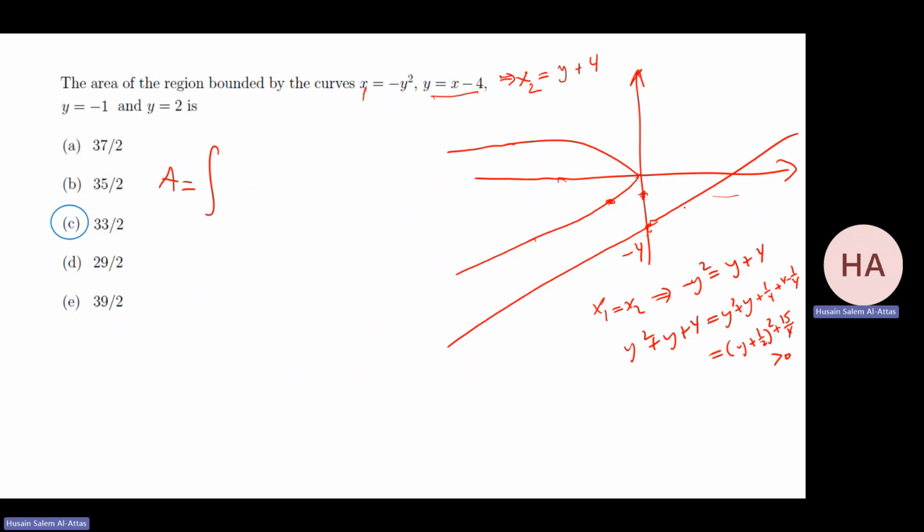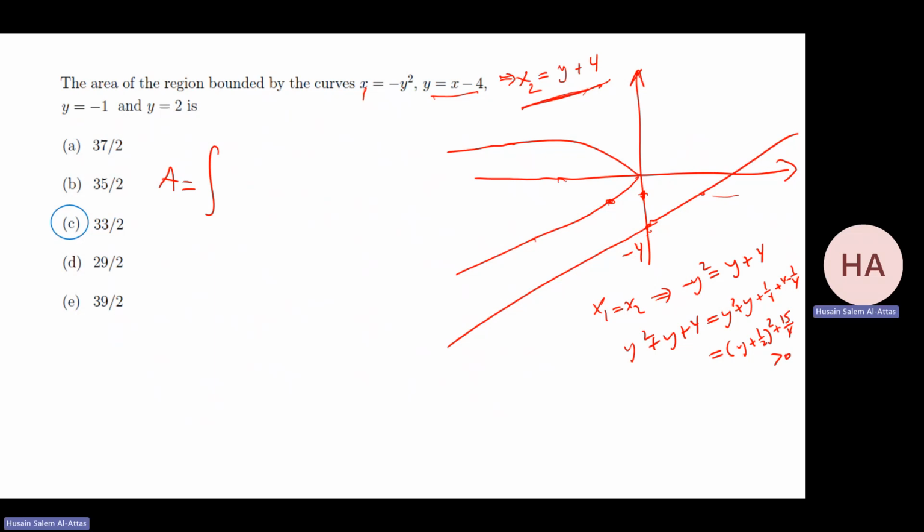Minus 1 gives me what? Minus 5. I need to check this. For y equal minus 1, x will be 3. It will be something like here.